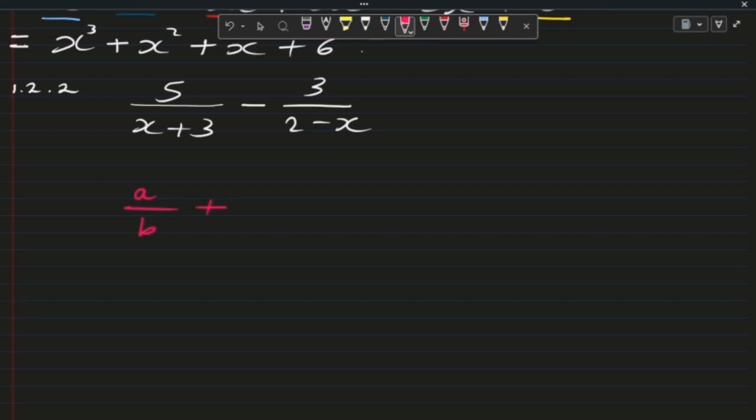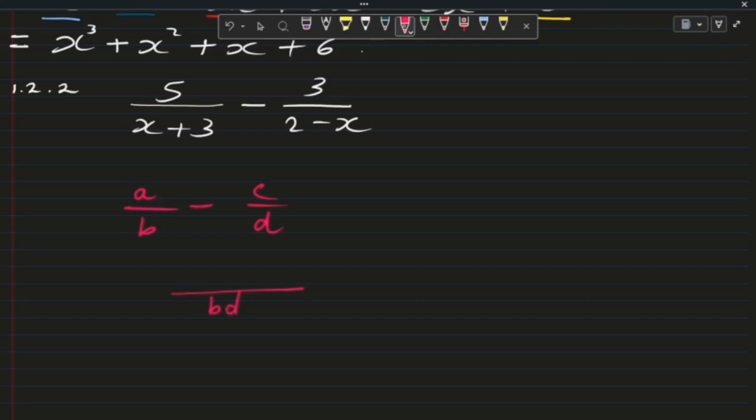Let's say we have a situation whereby we have a over b minus c over d. The principle that we established back then was that the first step is to find what we call the lowest common denominator, the LCD. So how do we do that? We simply multiply the two denominators. So our LCD will be b times d, which is simply bd.